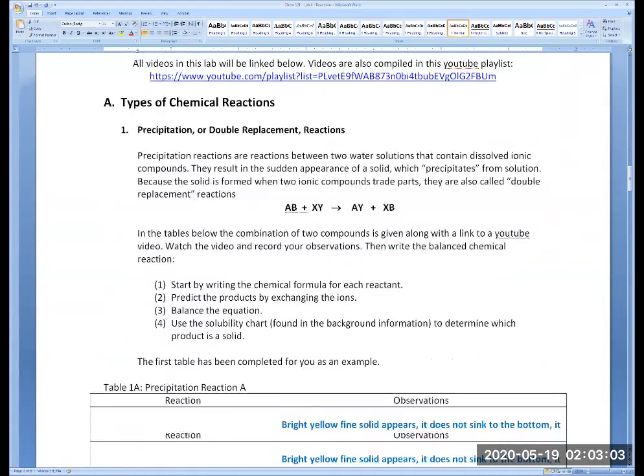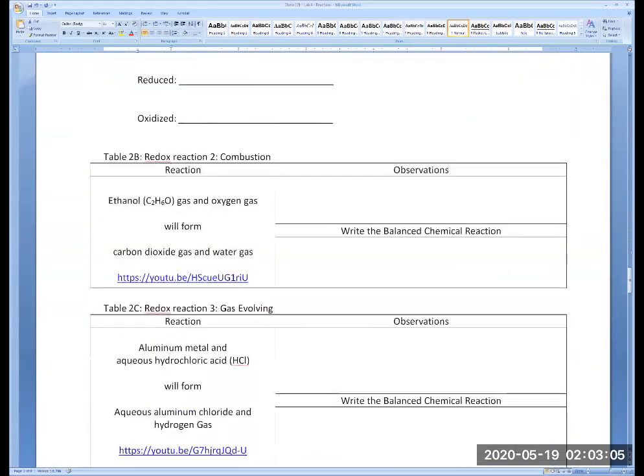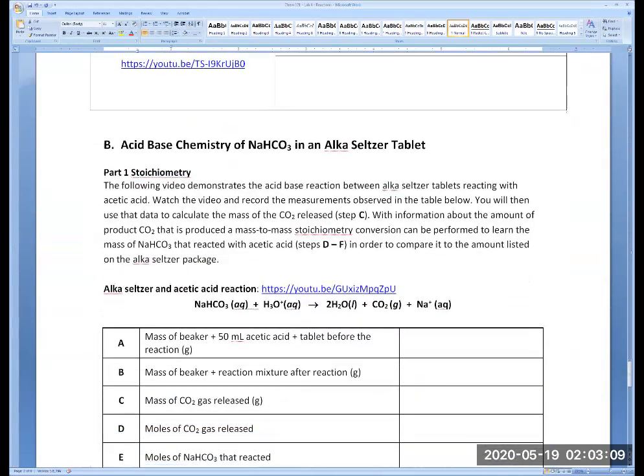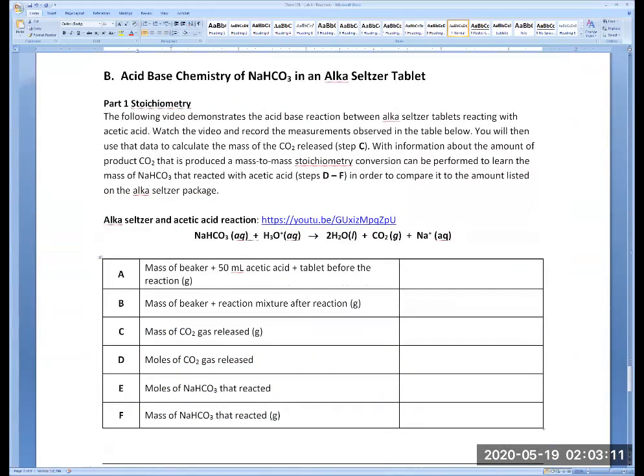So if we go here to where you will complete the lab report for this part, there is a video to watch, and it's a professor from South Seattle who made those videos. She shows you how she has a beaker with 50 milliliters of acetic acid, and actually it's 2 tablets.